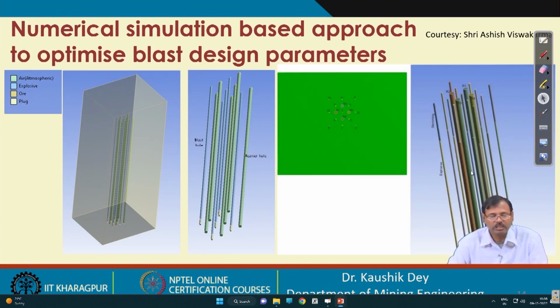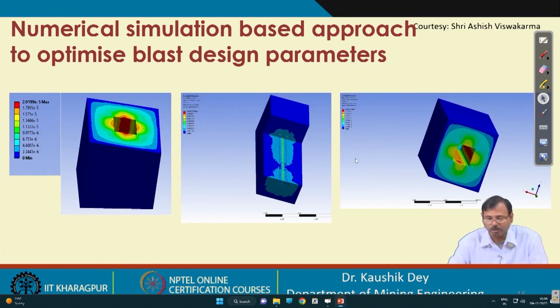Now, a numerical simulation approach, which is now possible with different software like Autodyn, is available, where we can carry out the simulation prior to the blasting, and this is one such simulation where the numerical simulation is made for this particular blasting operation. The slot holes for the slot blasting, reverse holes and main holes are being positioned, and the blasting results are observed in the simulation package.